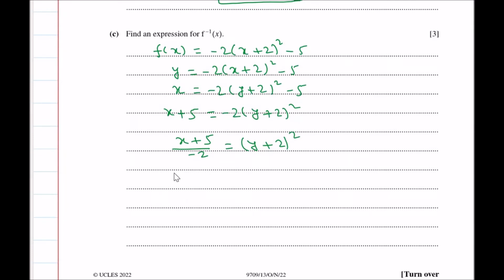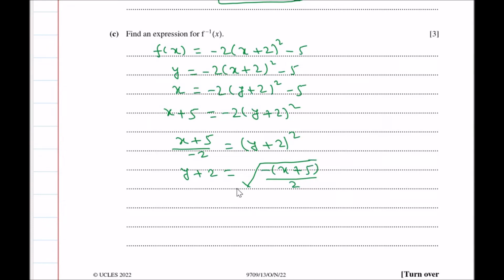So now we'll remove a square side. So other side becomes a square root. So we can write y plus 2 equal to root under minus x plus 5 divided by 2. Negative it was, so I took negative sign with the numerator. Value is same.